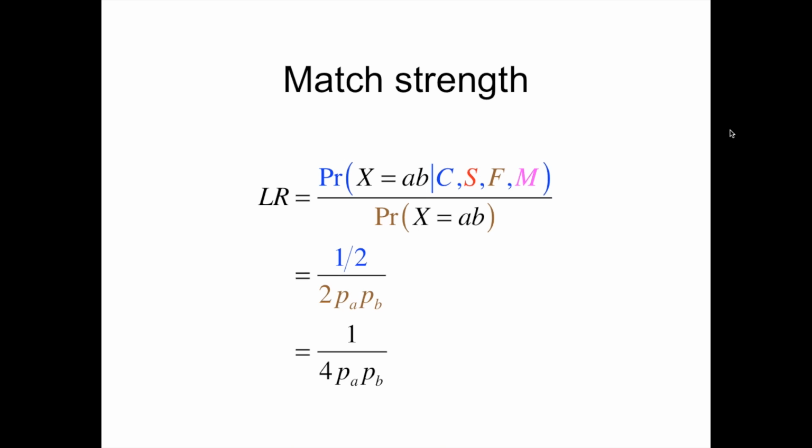So putting that all together, in this particular case, with these particular genotype values on this pedigree with those known individuals, the likelihood ratio at this one locus is 1/4 PA PB. Okay, so that's the calculation of how we arrive at a strength of match by first inferring a genotype probability from kinship data, and then using that in the likelihood ratio.